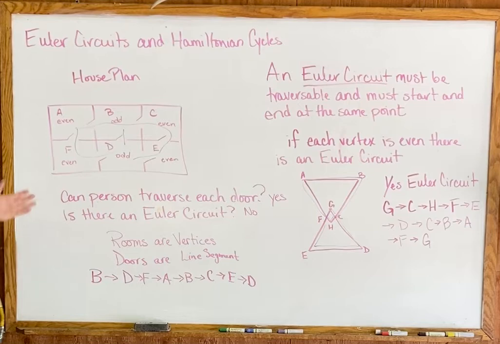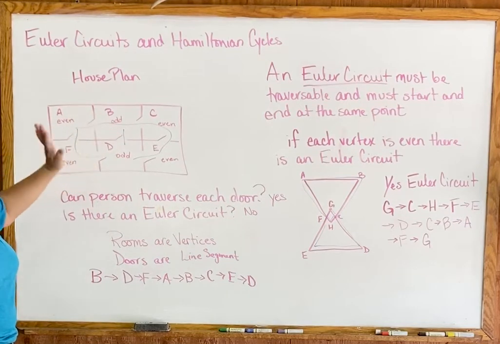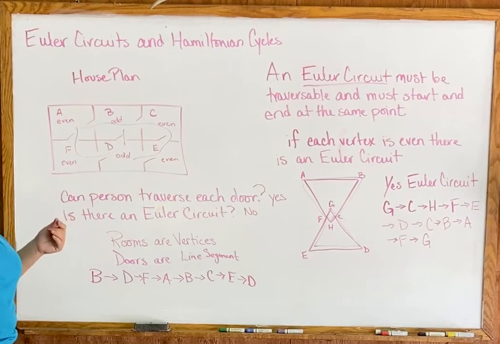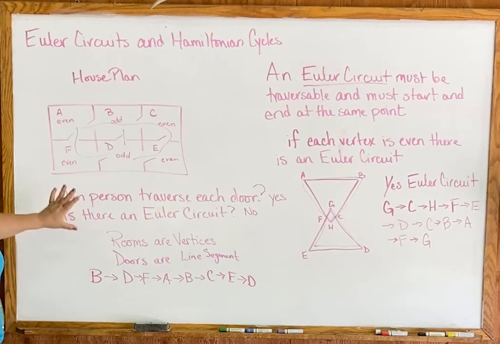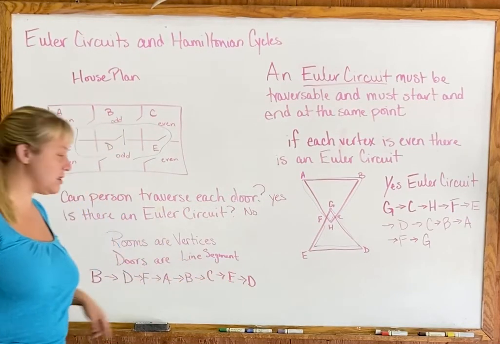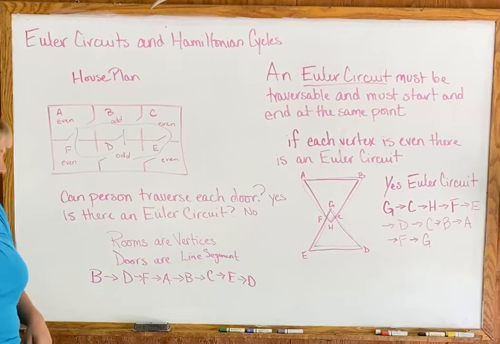And yes, we did. We started in this room and we ended in that room. Were we able to go through every single door and end up back in the same room where we started? No. So there's a yes to this one, a no to this one, and here is our path. Notice how the path ends and starts at different points.